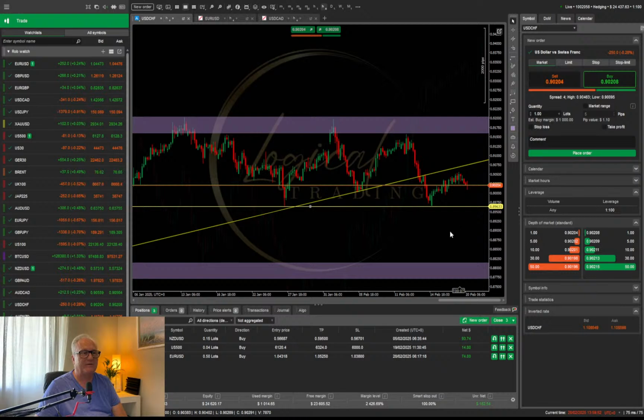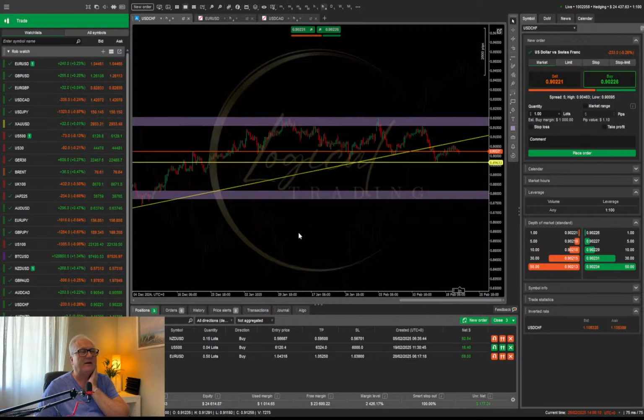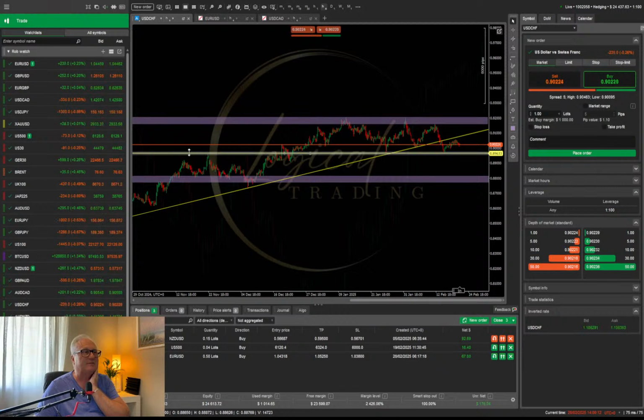I don't want to draw too many levels in because it just confuses the issue, but there is a line here and it's sitting in that range. So you need it to get down to here and cross through. So just draw that line in as well, Frank, just so you know it's there. That is effectively very much a line in the sand, because it's crossed through that and it's just been sitting in that range all the way along.